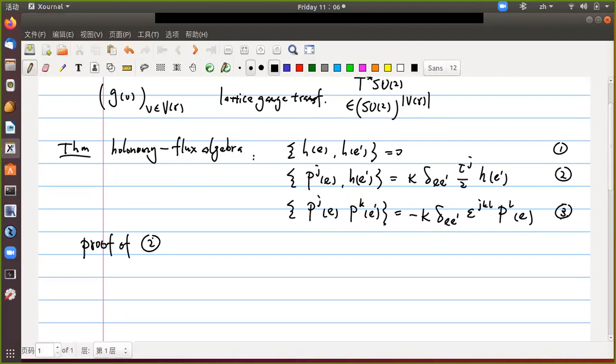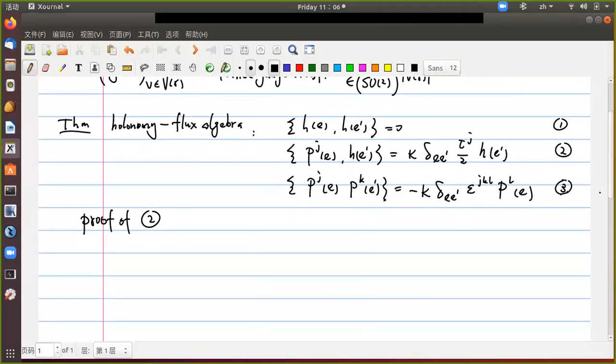All right, so let's work on that. By the definition of the Poisson bracket, using Ashtekar's new variables, you can compute the Poisson bracket by using functional derivatives.